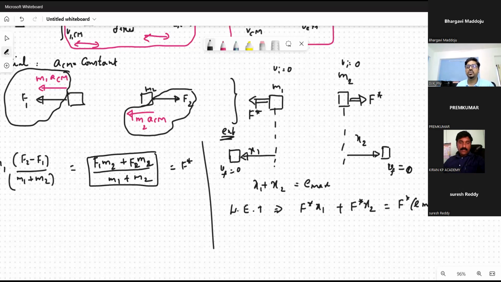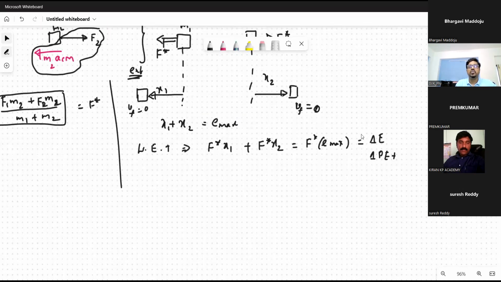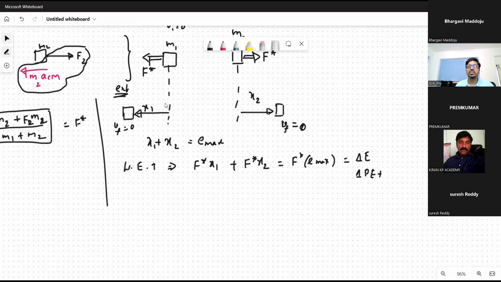This should be equal to the change in mechanical energy, which is equal to change in potential energy plus change in kinetic energy. Change in kinetic energy is 0, because initially it is at rest, finally also at rest. Only potential energy has been changed.